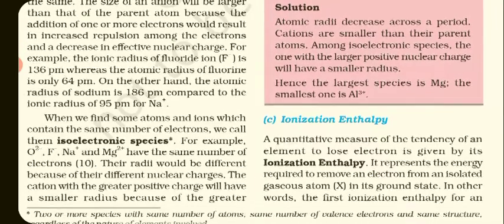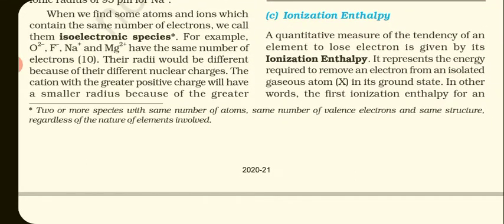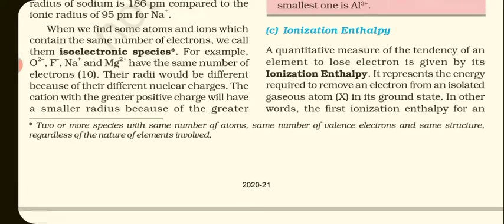When we find atoms and ions which contain the same number of electrons, we call them isoelectronic species. For example, O2 minus, F minus, Na plus and Mg2 plus have the same number of electrons, 10. The radii would be different because of their different nuclear charges.